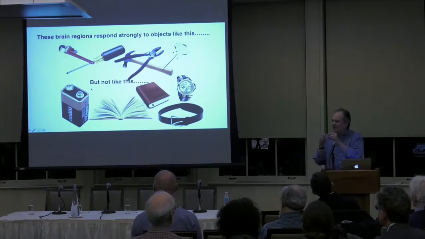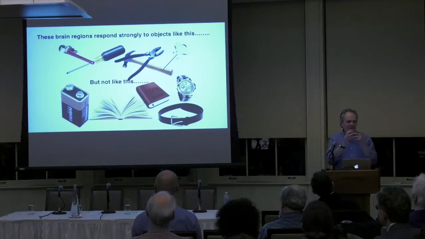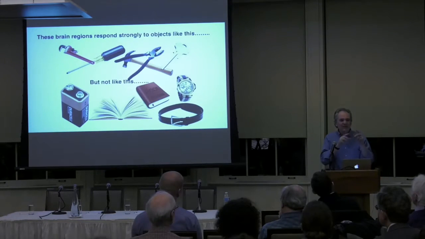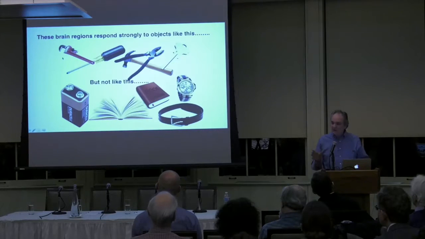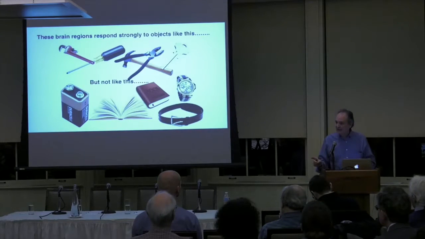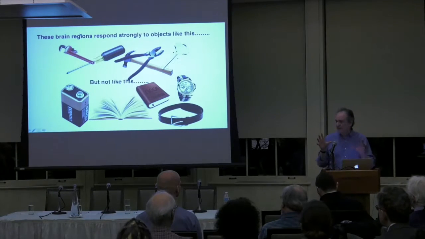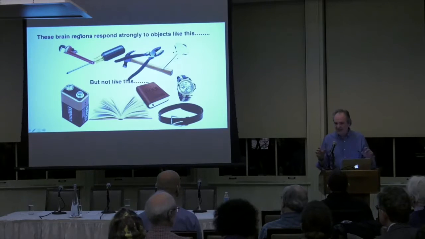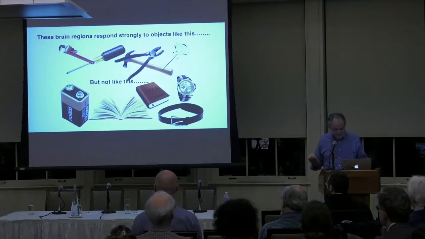We've all had experience manipulating these things, trying to get it into whatever gadget we've got and so on. But that manipulation has nothing to do with the function of the battery. Whereas real tools, the way we manipulate them is directly related to function. And the areas that I just outlined for you, in fact, are responding only to those objects where manipulation is tied to function. That is, tools.